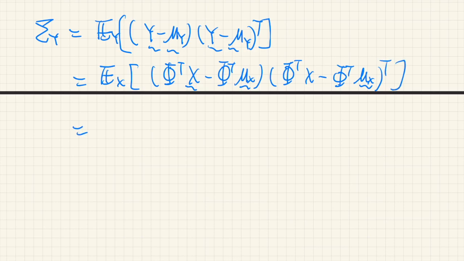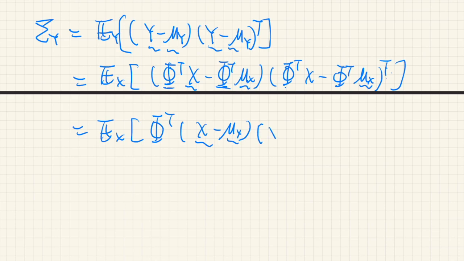So here we rearrange this transpose part to have the following. So first we take this out, factorize, and we have x minus mu x here. And if we distribute this transposition operation, then we have x minus mu x transpose times phi.